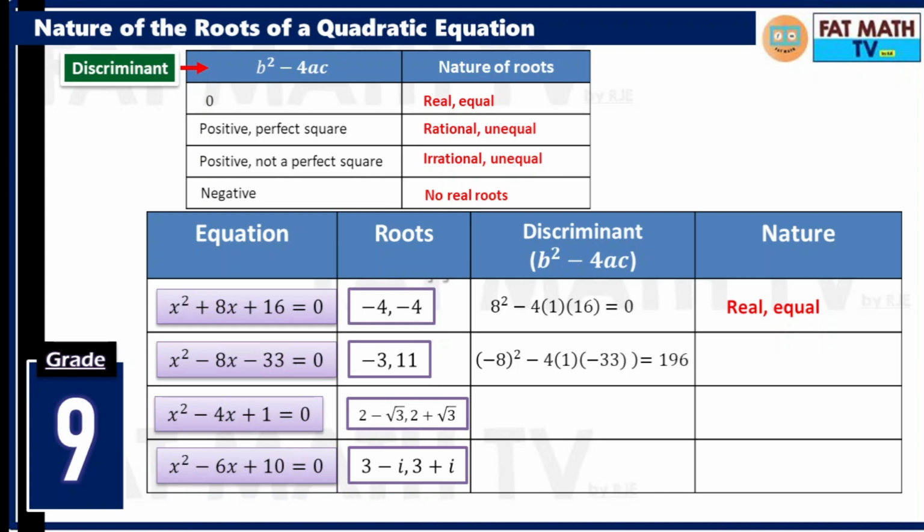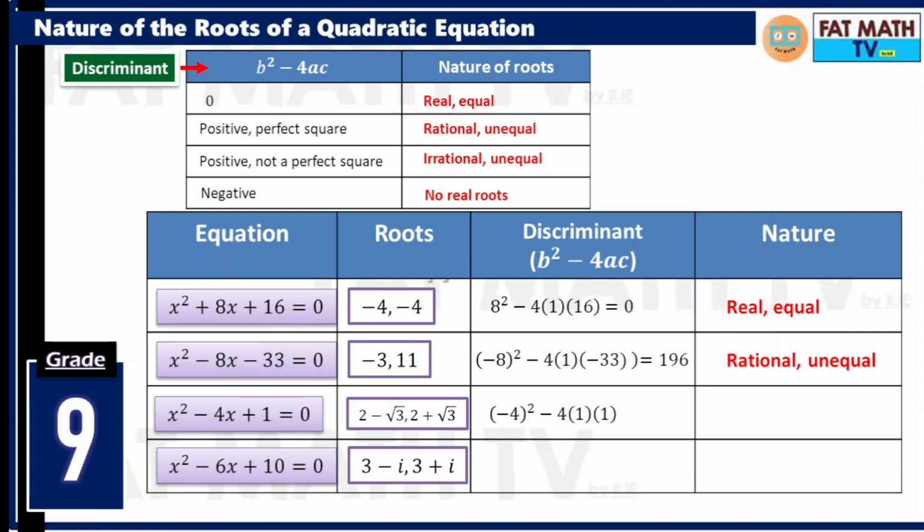And 196 is positive and a perfect square. That is the square of 14. 14 times 14 is 196. So if we have a positive and a perfect square, we have rational and unequal roots, which is indeed correct. Negative 3 and 11 are not equal and they are rational numbers.